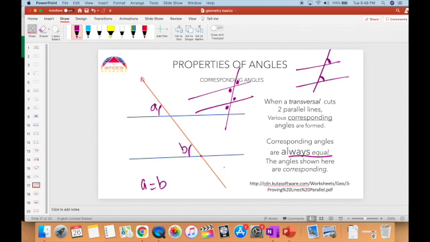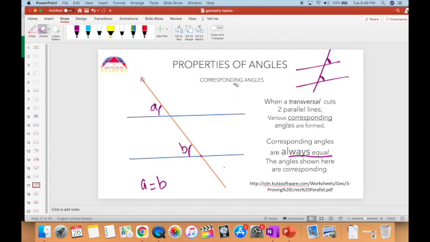And these two are vertically opposite as well. So it's really just the vertically opposite rule I'm looking at here, right? These two will add up to form 180 degrees. These two will add up to form 180 degrees. So we have angles around a point as well, right? All of the things we learned before are still applying here.